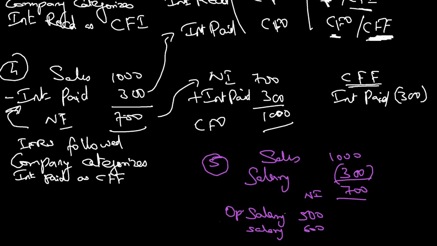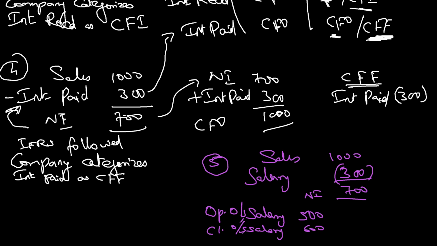Now what does this indicate? 300 represents the total expense for that particular year.